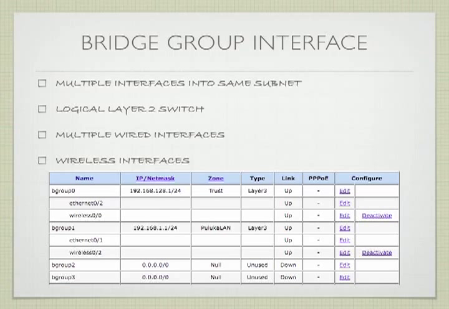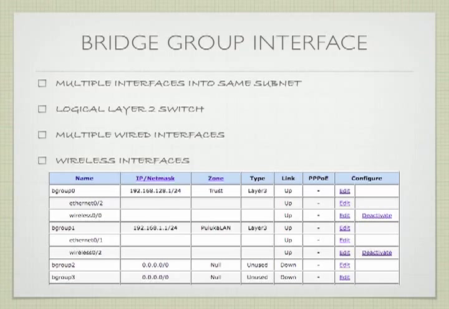And this is what a bridge group will look like when it's displayed in the web interface. So here we have B group 0 and B group 1. Notice the IP addresses are assigned to the bridge group, not to the interfaces. So the bridge group is a special type of interface that is higher than the physical interfaces.